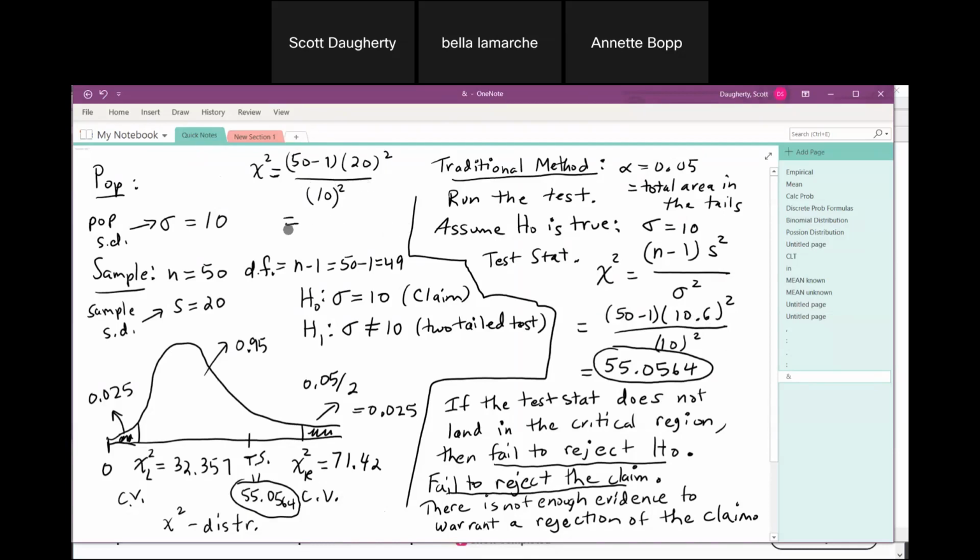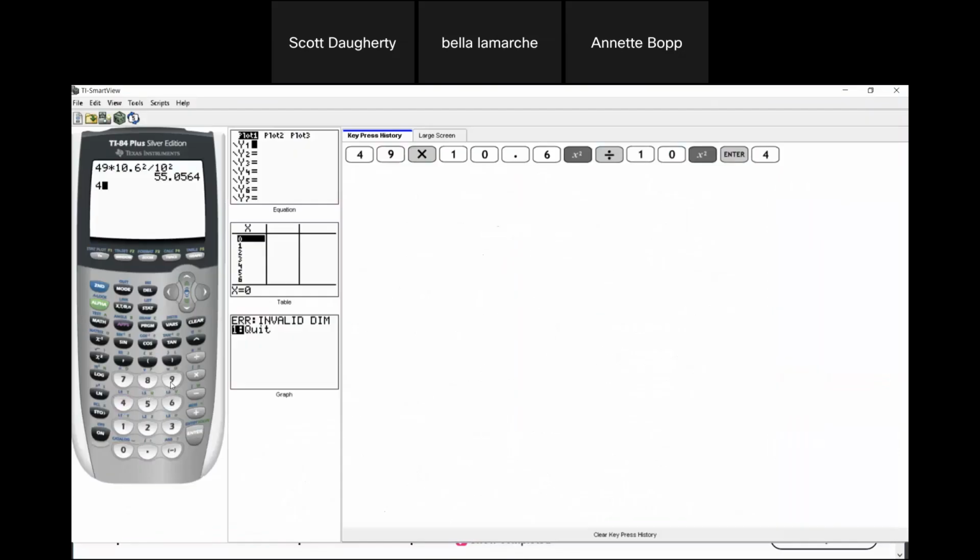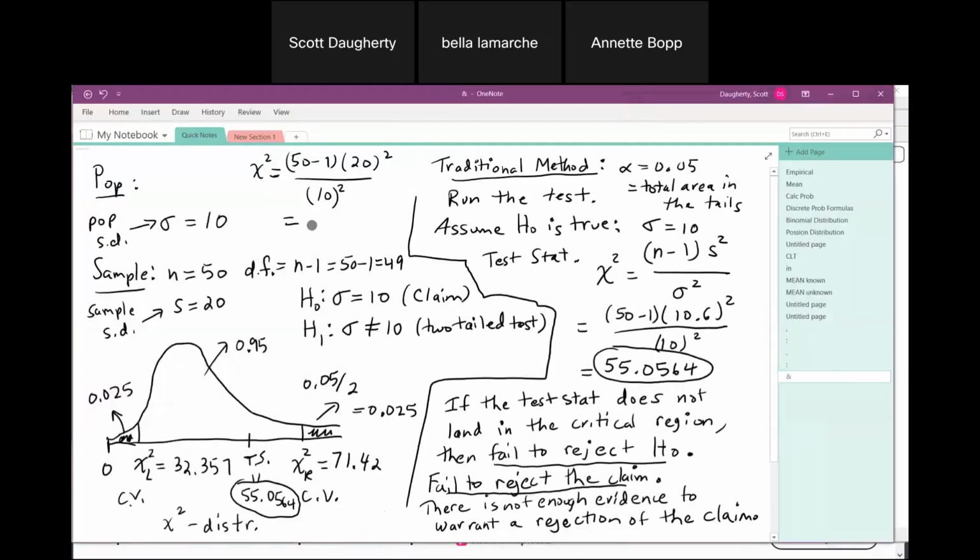So then let's just see what this is. 49 times 20 squared divided by 10 squared would have been 196 for the chi-square value. I probably picked a number way too big, but it gets the point across. So this turns out to be 196.